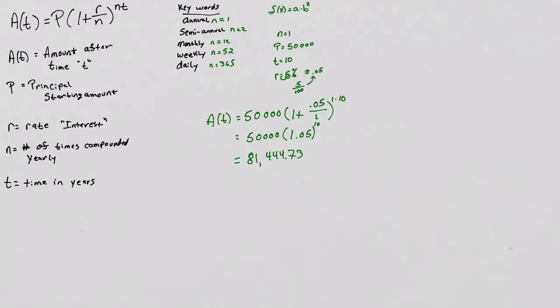Another type of problem that they're going to ask you is something along the lines of, if we look back at 7b in the problem itself, it wants to know how long it takes Margaret to double her money. So she still has a p, which is 50,000.